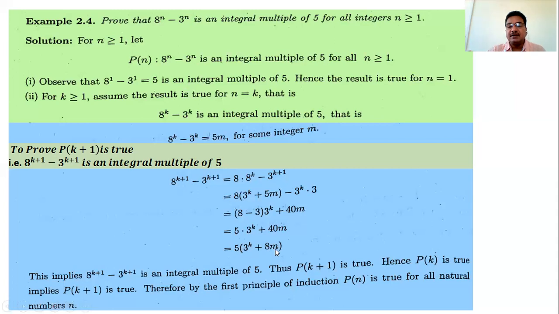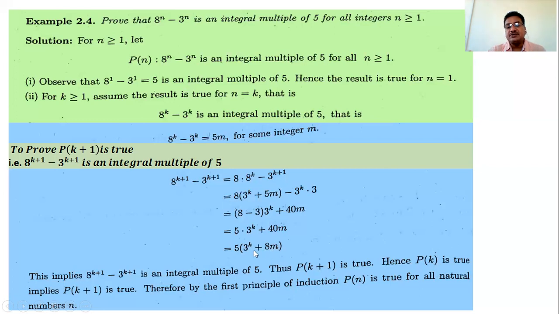And this bracket, 3 raised to k plus 8m, is an integer, because k is an integer, m is an integer, and an integer power of an integer is again an integer. That is, 3 raised to k is an integer, 8m is an integer, and the addition of two integers is an integer.